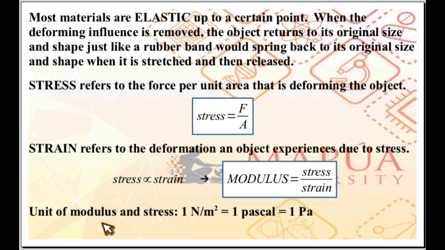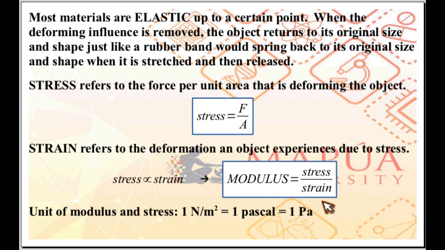The unit of modulus and stress are the same. Force per unit area, Newton per meter squared. The unit for modulus and stress is Newton per meter squared. It is given its own unit, Pascal or Pa. So stress is Pascal, modulus is Pascal.